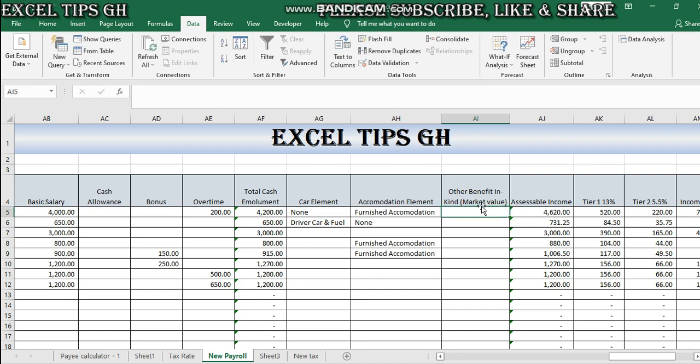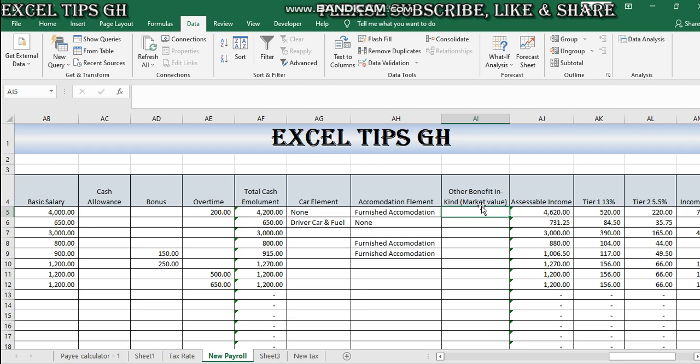For instance, if an employee in a month, or depending on the period of assessment, is given a fuel coupon, the value of the fuel coupon needs to be added here.